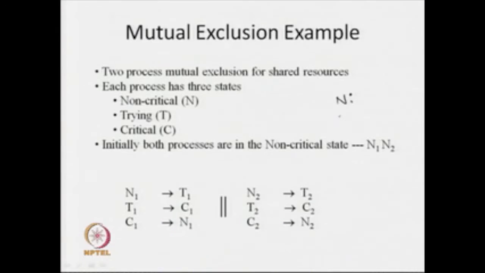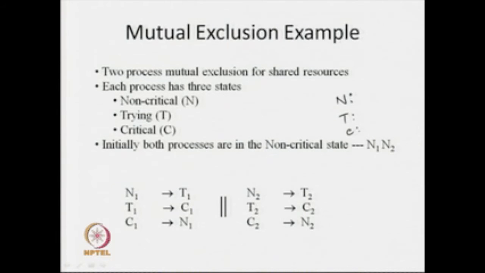State T is the trying state. Basically, one particular process is trying to enter the critical region. It gives the request that it is trying to work with the shared resources, and our requirement is that only one process can use the shared resources. When it gets access to the shared resources, then we say that the process is in its critical section. That means now it is accessing the shared resources. So, this is critical C.